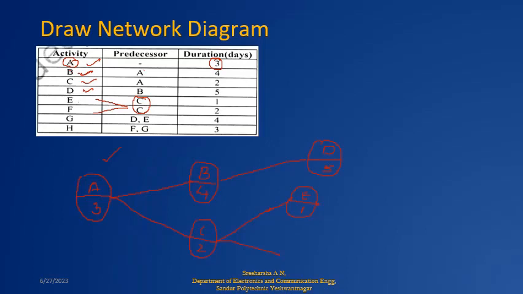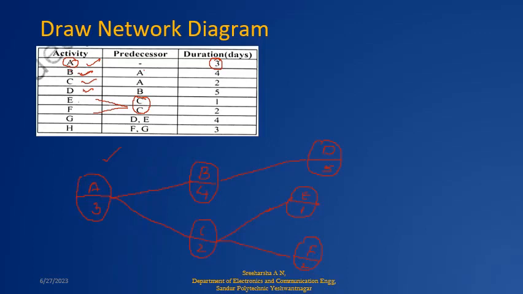Now, the next activity after E is F. Again, it is starting after C, so I will take one more here. So F and 2, I will write it here. If we observe the preceding activity, we can decide whether we need to take 2 lines or 1 line.